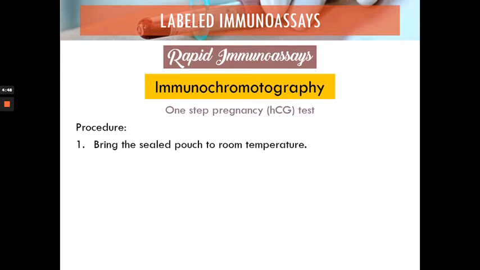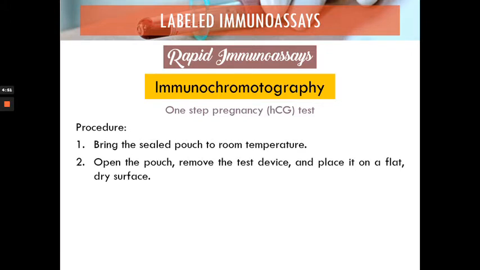For the procedure, the test kits are usually sealed in pouches. We usually store them inside refrigerators together with their reagents. Before we test, we need to let them return to room temperature. After they are at room temperature, we open the pouch, remove the test device, and place it on a flat, dry surface.